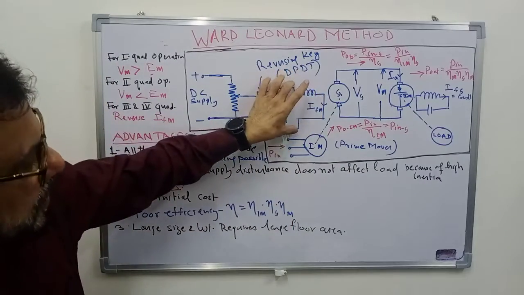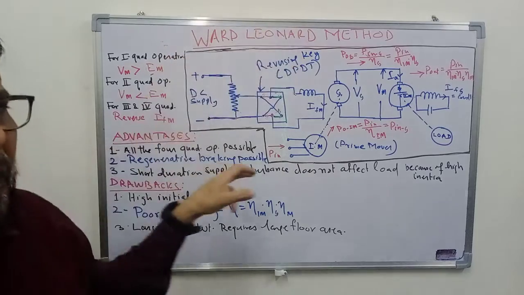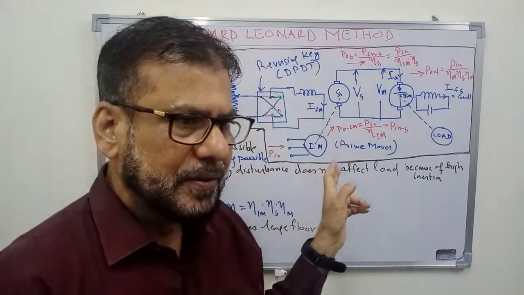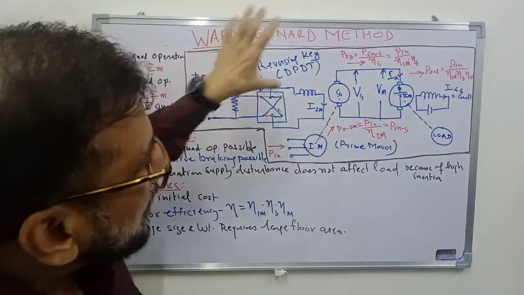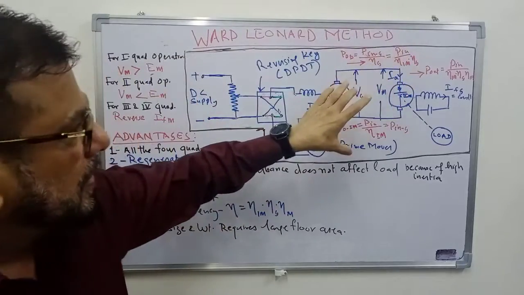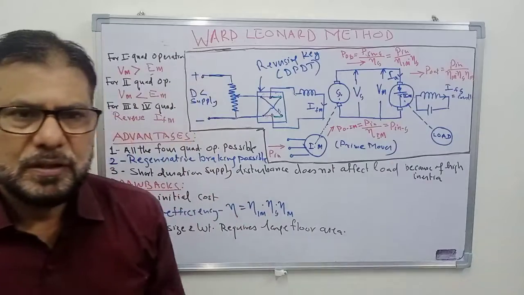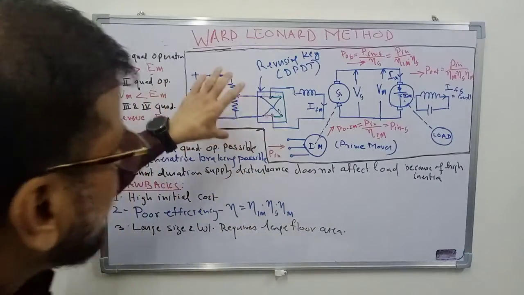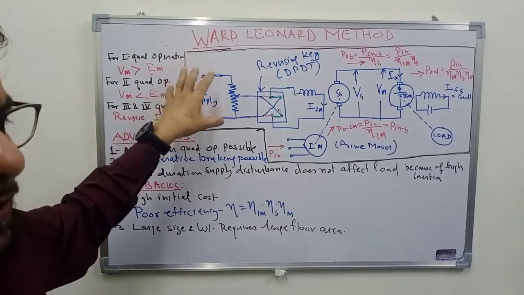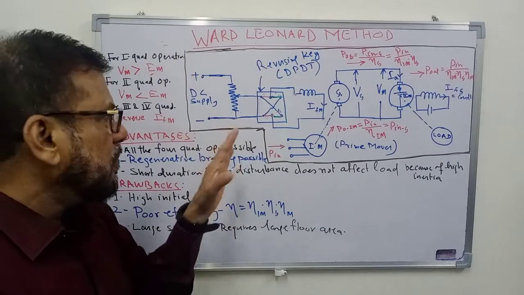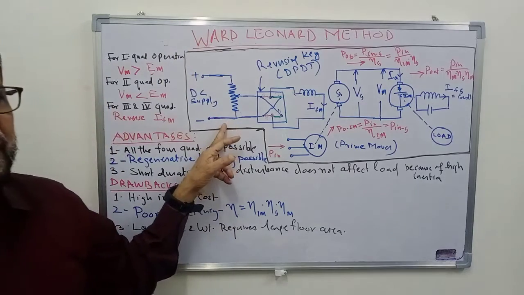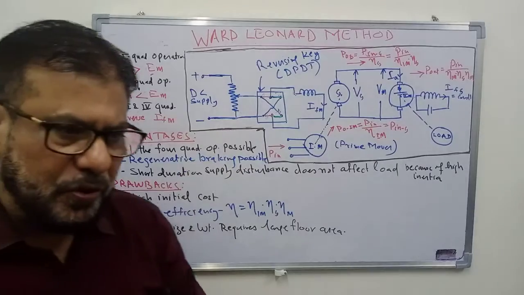So this means that on this side we can use a low power variable voltage supply. This supply cannot be connected directly here because here the requirement is a high power variable voltage supply. So here we can use a low power variable voltage supply. For small motors you can even make a potential divider using some rheostat.